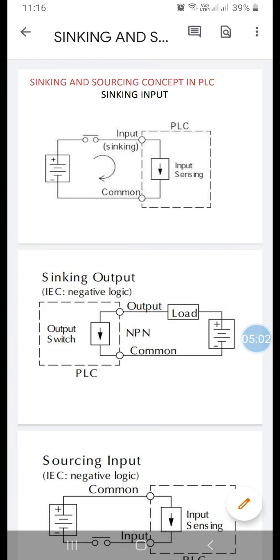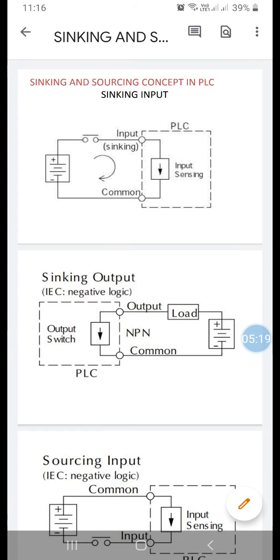Also, I can say in detail that in a sinking input, in order to connect the external supply properly, it must be connected such that the input provides a path to supply common, that is negative.